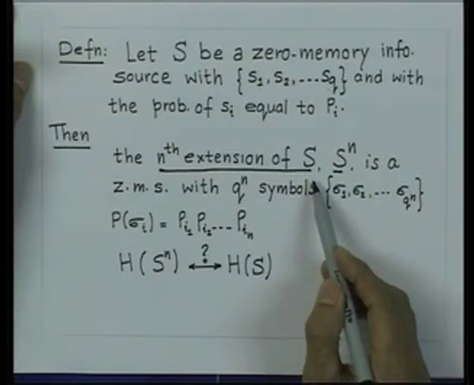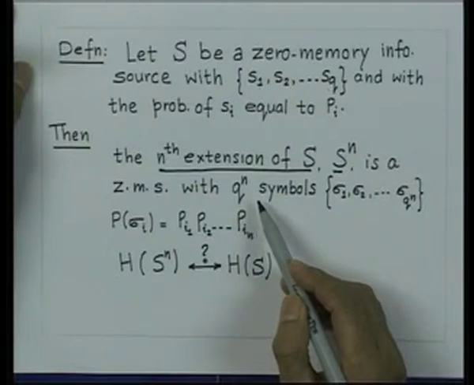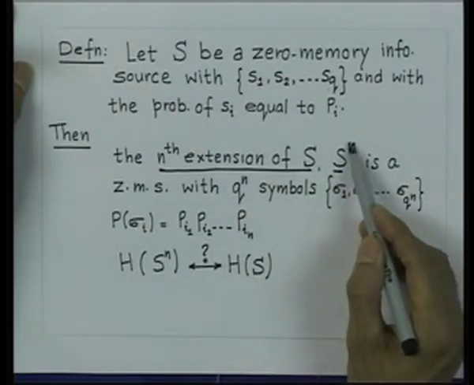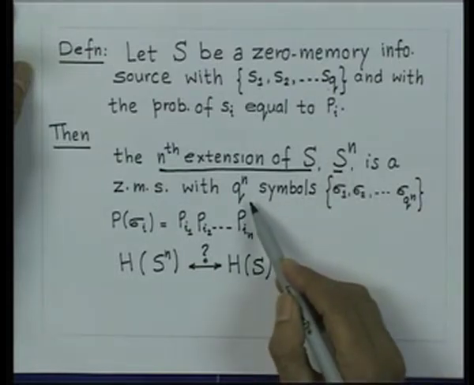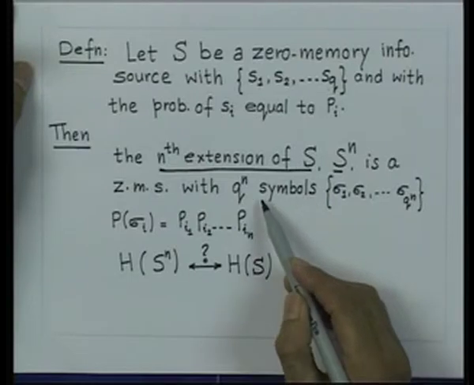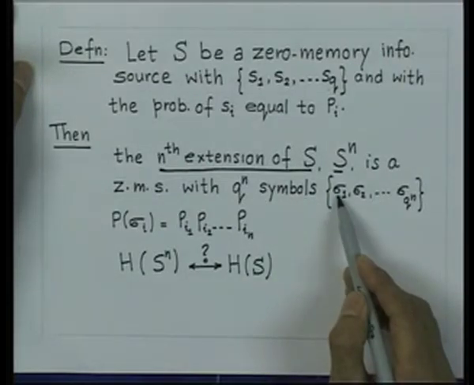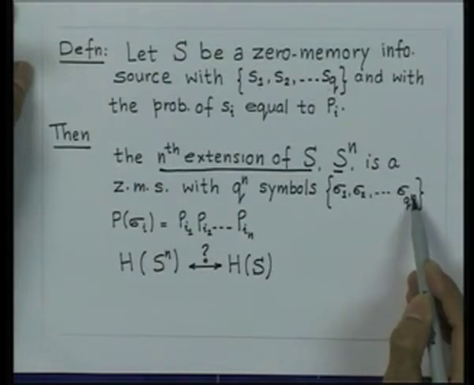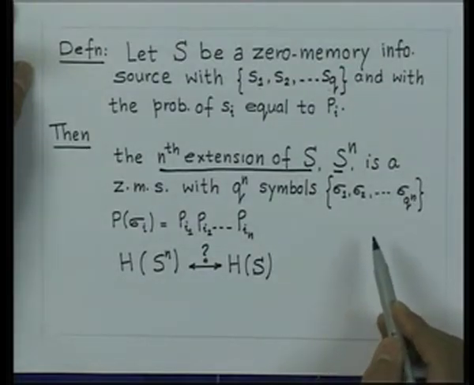So, the new alphabet which I generate for the nth extension of the source S, that is S^n, will consist of q^n symbols. I denote those q^n symbols as sigma 1, sigma 2 up to sigma q^n.